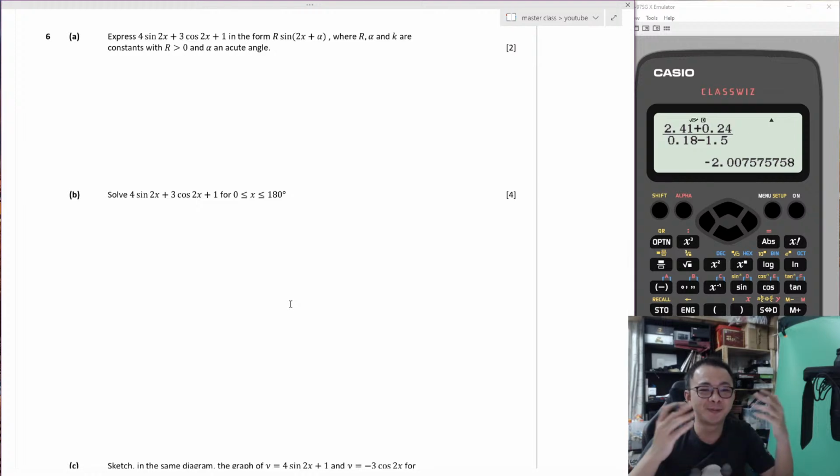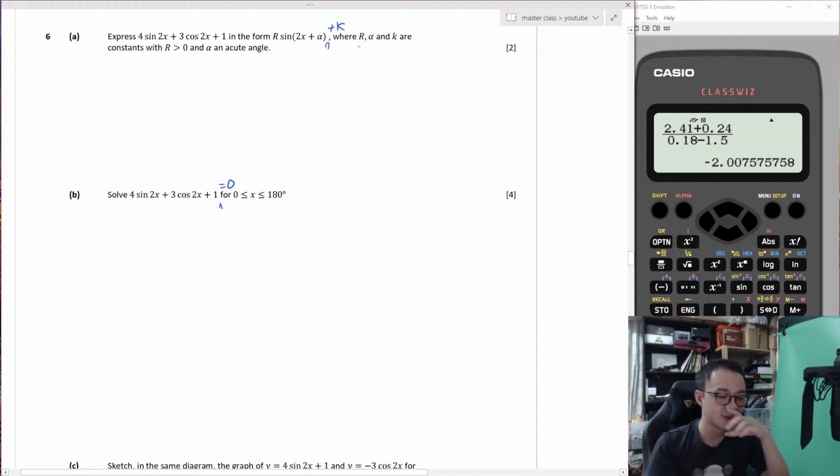Alright, so okay, let's continue. Number 6. Okay, this one has some typos. The first typo is here, equals to 0. The second typo, this one has a plus k here. So what we want to do is we need to know R sin(x plus alpha).